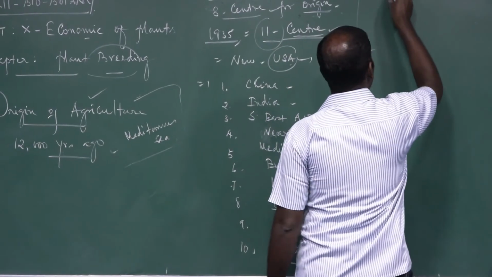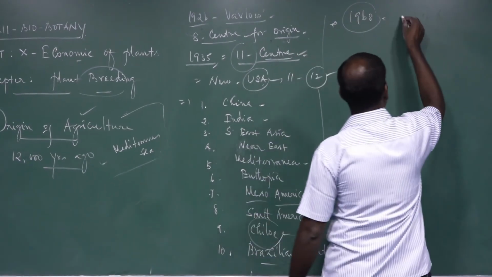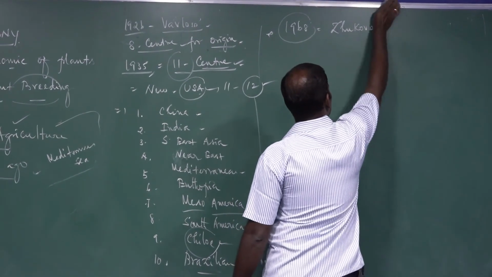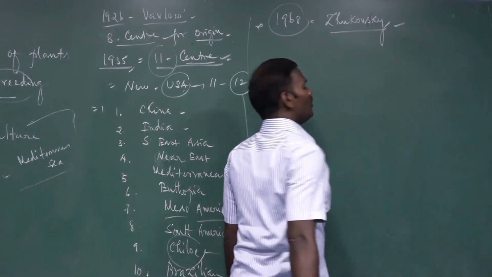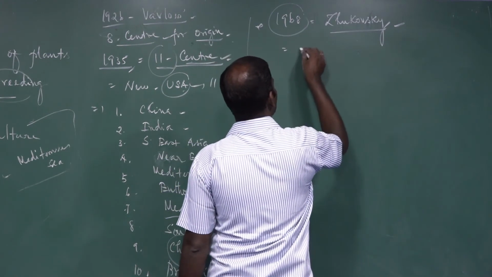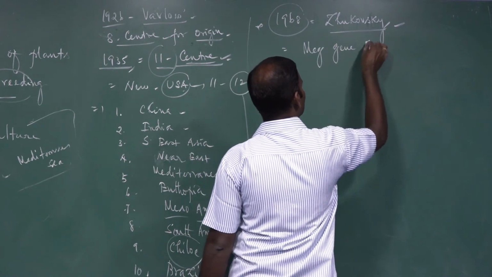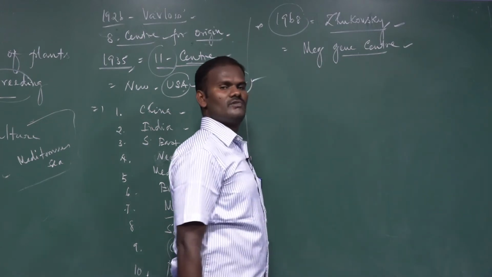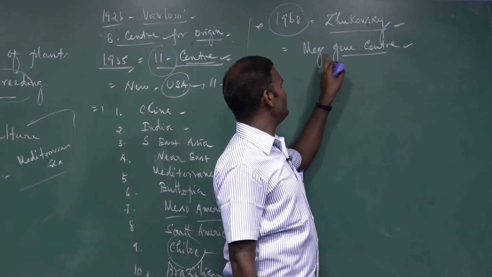The next, 1968, Zhukovsky put forward the concept of mega gene centers for the origin of cultivated plant species. What do you mean by gene?